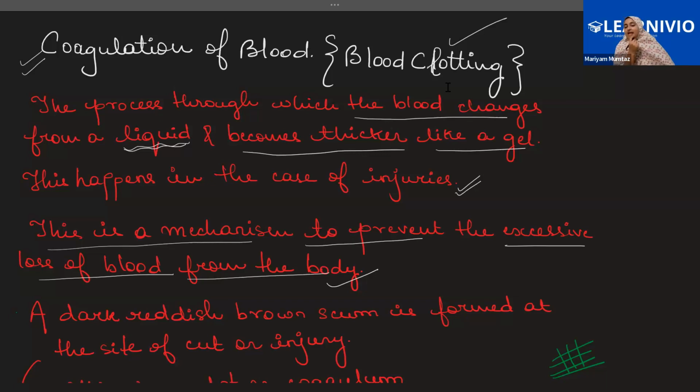Blood platelets, which I told you about, are one of the important components of the blood, and this coagulation or blood clotting mechanism is the most important function performed by the platelets. They are the ones because of which our blood clot happens. Now students, I have a question.